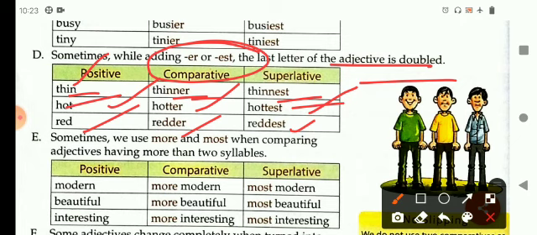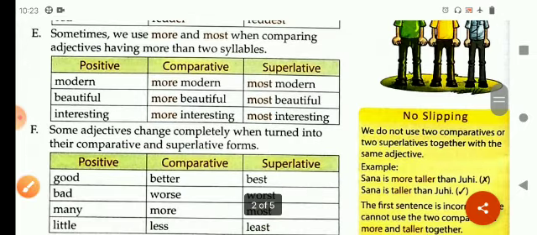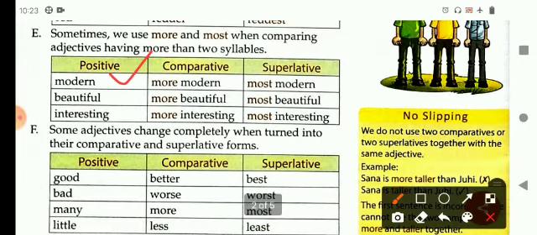Now, sometimes we use more and most when we compare adjectives having more than 2 syllables. For example, modern, more modern, most modern, beautiful, more beautiful, most beautiful, interesting, more interesting, and most interesting.